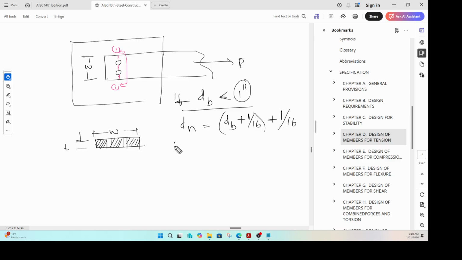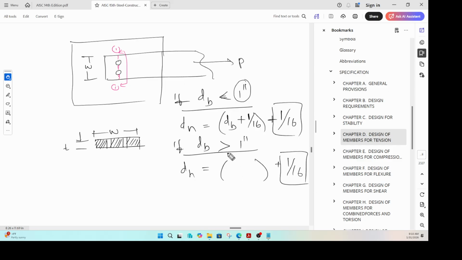But if your d bolt is greater than 1 inch, then the definition of the nominal diameter of the bolt is different. d hole is your nominal diameter plus 1/16, so this 1/16 remains the same. But whenever your bolt diameter is greater than 1 inch, the nominal bolt diameter is the bolt diameter plus 1/8th of an inch. So this is dB plus 3/16 of an inch.